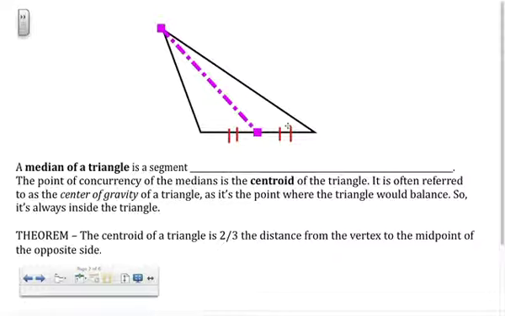Okay, so a median of a triangle is a segment drawn from, I know there's a delay when I'm recording, I don't know why. There it goes. Median of a triangle is a segment drawn from the vertex, you know what, with the delay and with the amount of space I have, I'm going to type this instead.